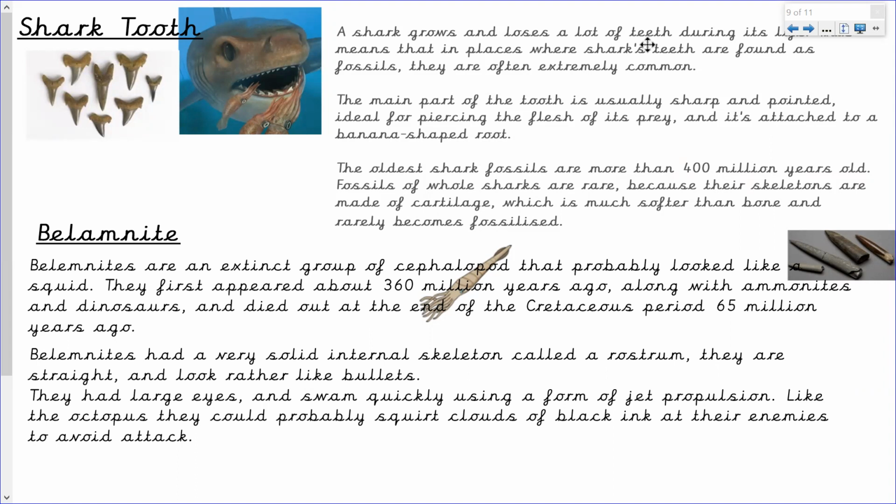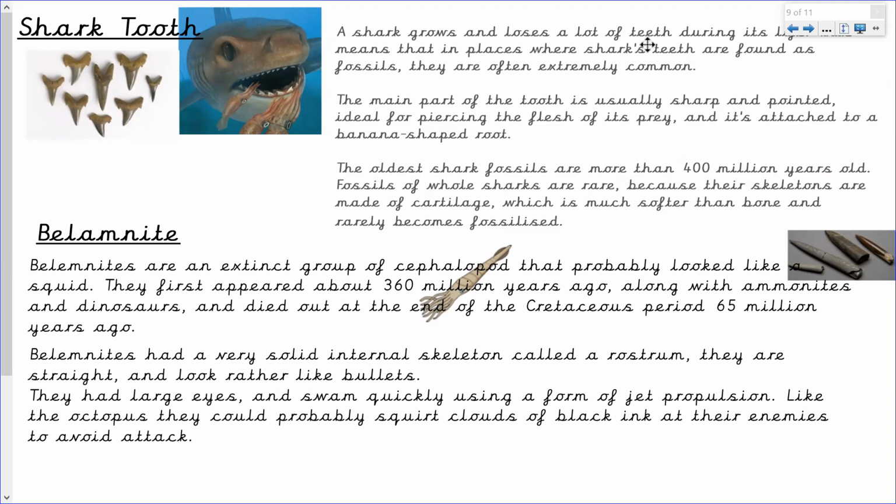Belemnite. Belemnites are an extinct group of cephalopods that probably looked like squid. They first appeared about 360 million years ago, along with ammonites and dinosaurs, and died out at the end of the Cretaceous period 65 million years ago.